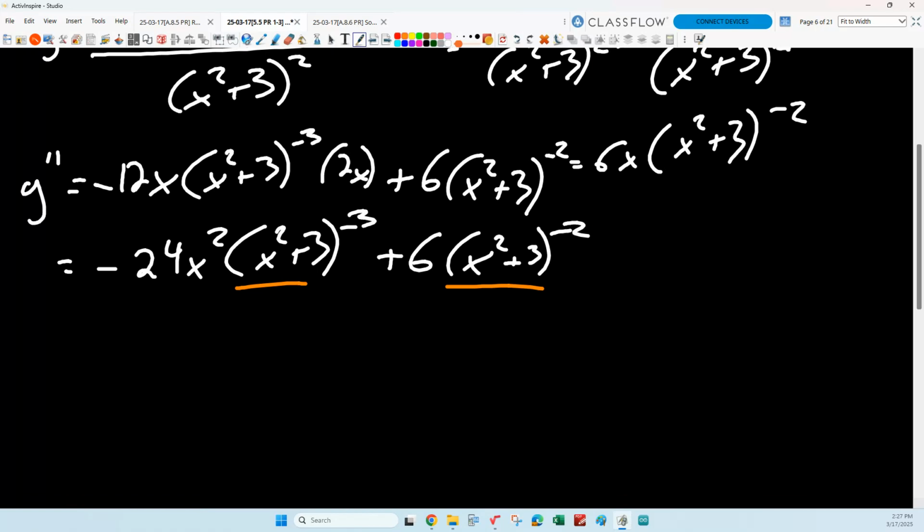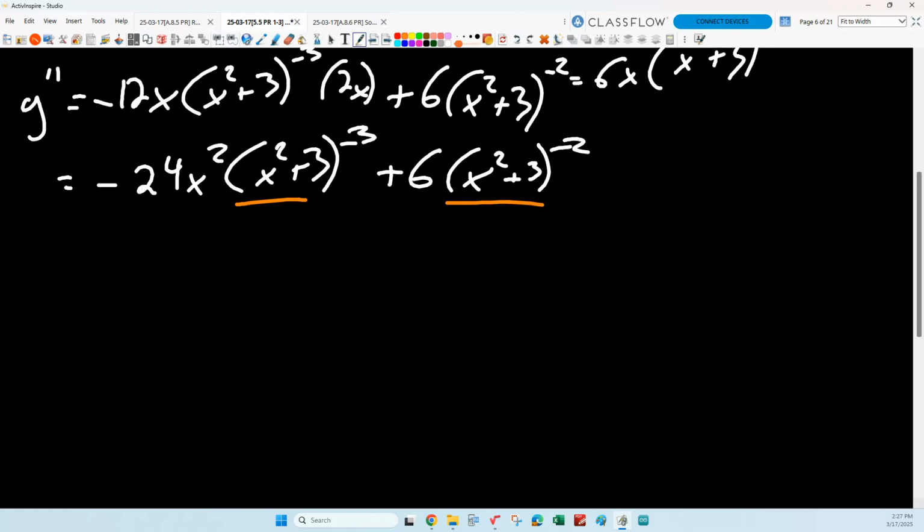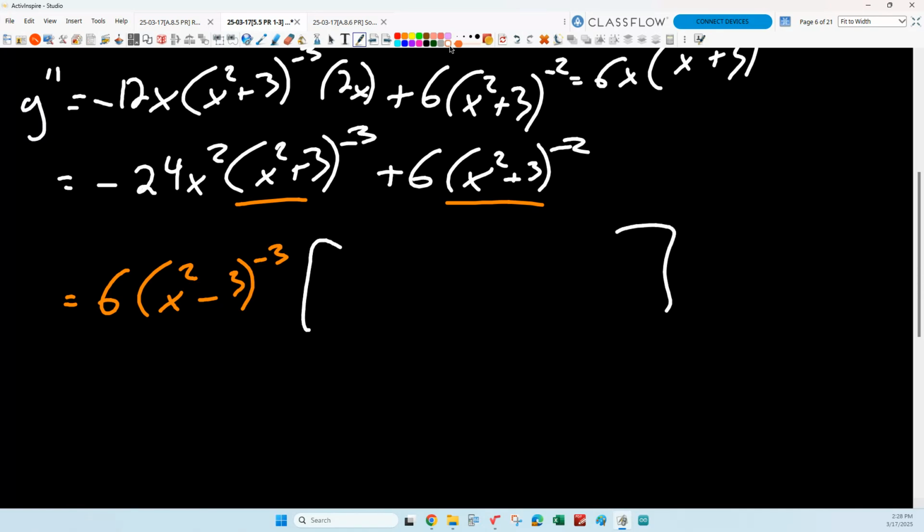And then I could also take out a 6. Okay, what's left behind if I factor all that stuff out? What's left behind from the first? That's it, right? Plus x squared plus 3, good.